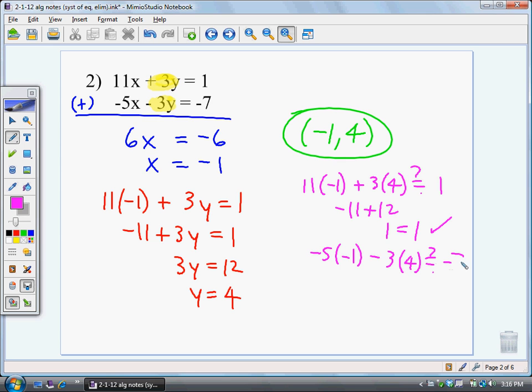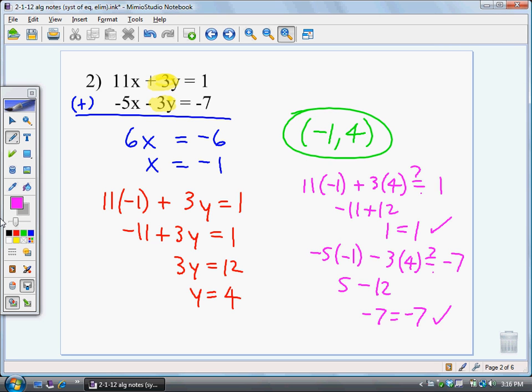Does that equal negative 7? That's 5 minus 12, and it's negative 7, and that checks. So again, we have a solution that works in both equations.